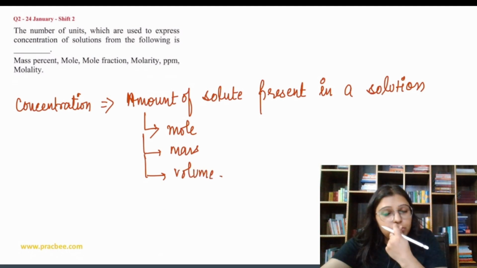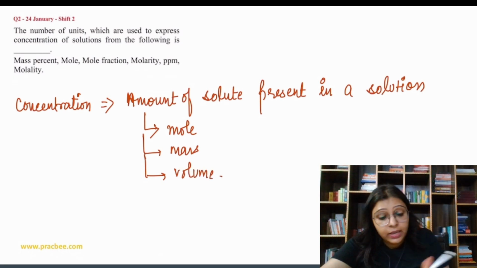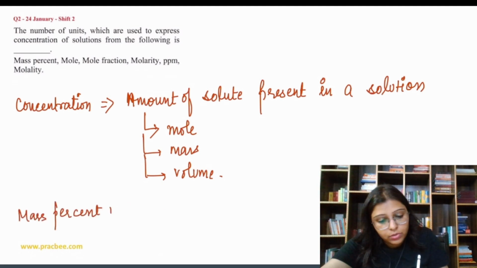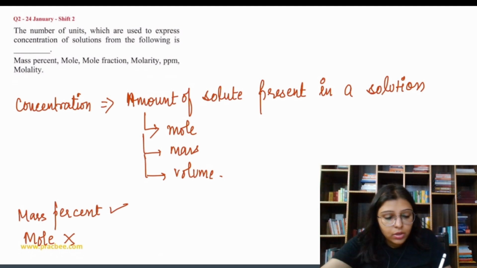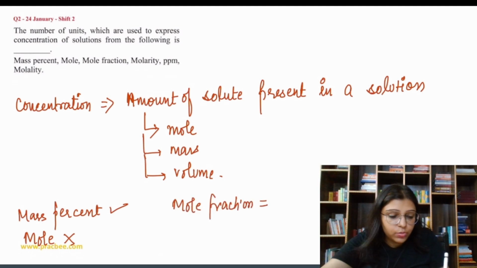So different expression concentration terms: mass percent, yes, it is true. Mole, no, mole is not a concentration term; in terms of mole we can express the concentration. Mole fraction, yes. Mole fraction is the number of moles of one component divided by total moles.